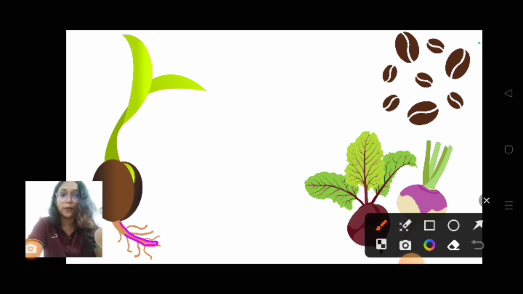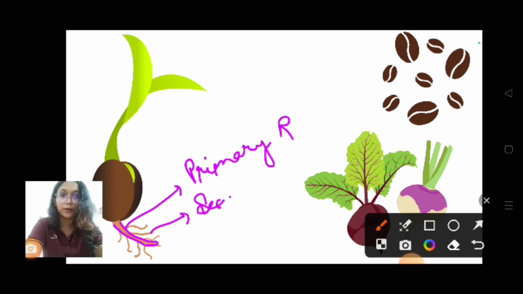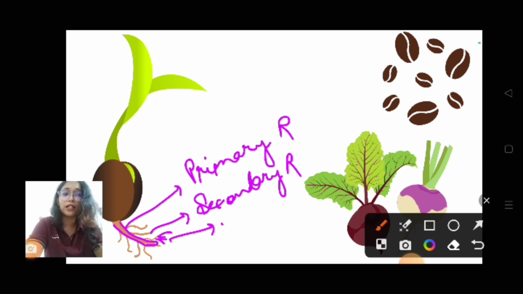This one will be the primary root, and the one coming out from the primary root is your secondary root. Small roots again coming out from the secondary root will be the tertiary roots. Are you getting? Roots arise from the radicle portion of a seed, and it is found in dicot plants.